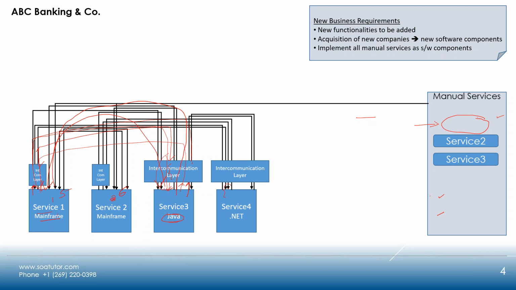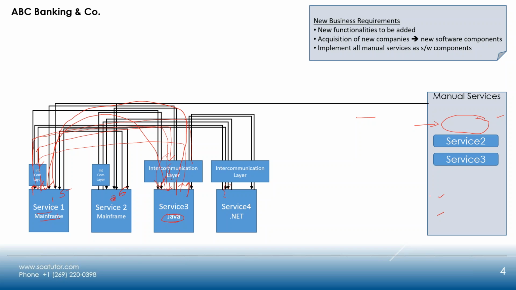You still want to use it, but those would be in some other technology. Irrespective of whatever technology it is in, you still have to use those services, right? You cannot just stop all the existing services when you acquire some company, and then get rid of all the manual work and automate everything.